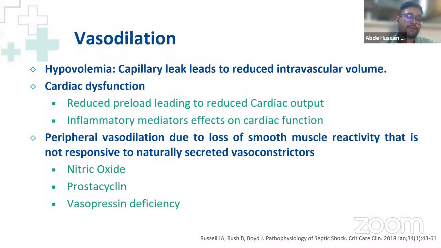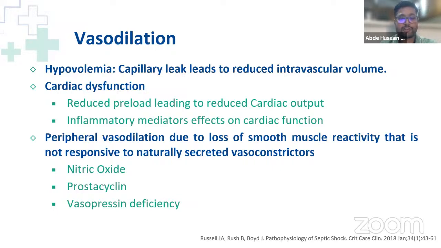After the escape of fluids and due to the vascular loss, the second part is vasodilation that occurs. Hypovolemia results from capillary leak leading to reduced intravascular volume, and cardiac dysfunction occurs because of the reduced volume, which can lead to reduced preload, leading to reduced cardiac output.